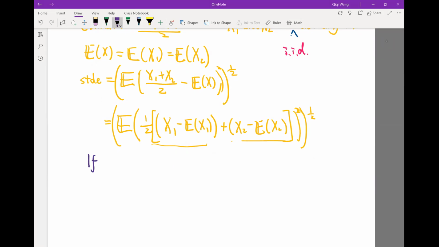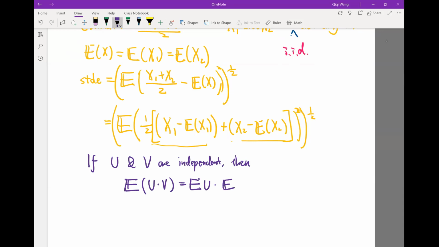If there are two random variables, let's call them U and V, that are independent, then the expectation of U times V is equal to the expectation of U times the expectation of V. This basically says that U and V have no interaction.